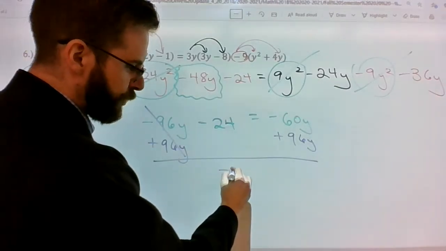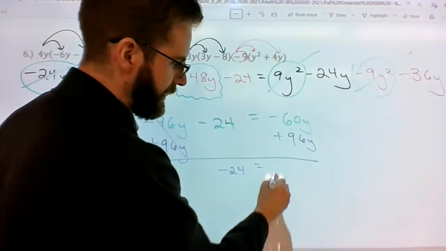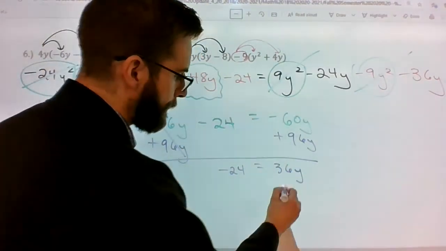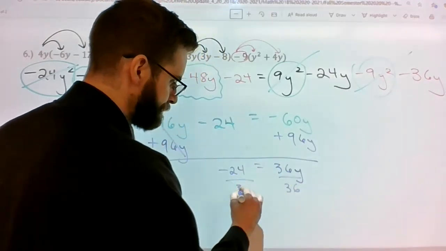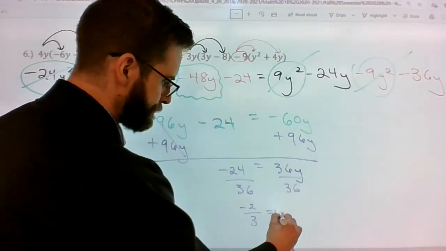That gives me negative 24 is equal to, opposites subtract, so it's going to be 36y. And then just divide by the number in front of y. All right, this reduces to negative 2/3.